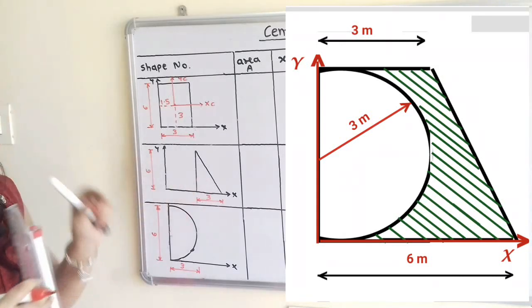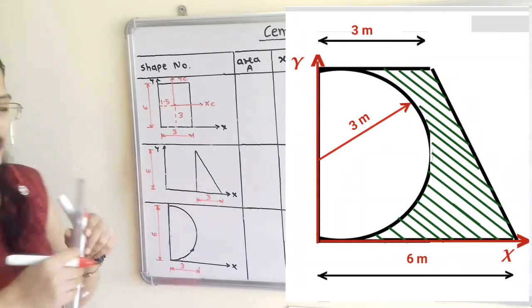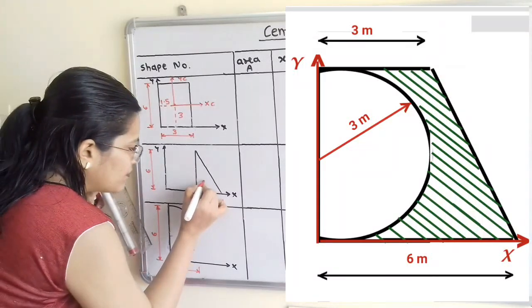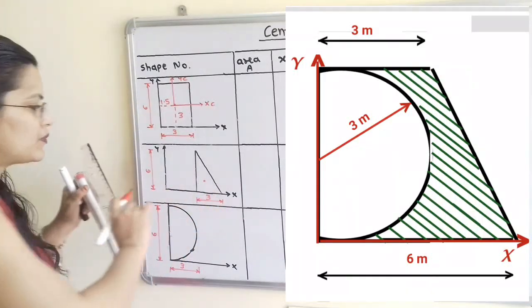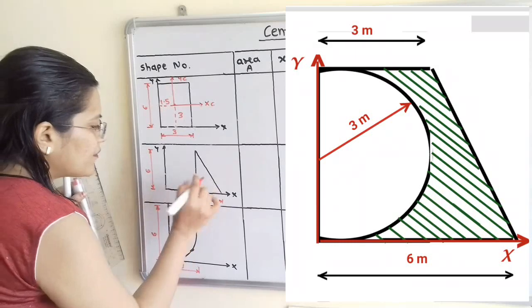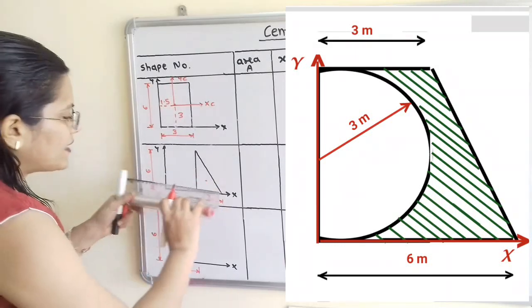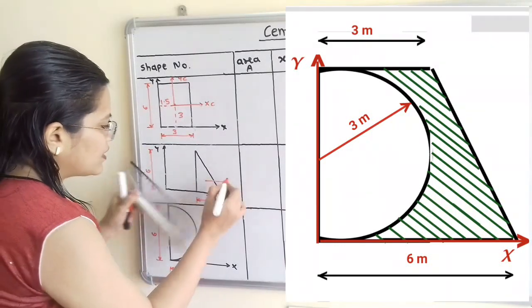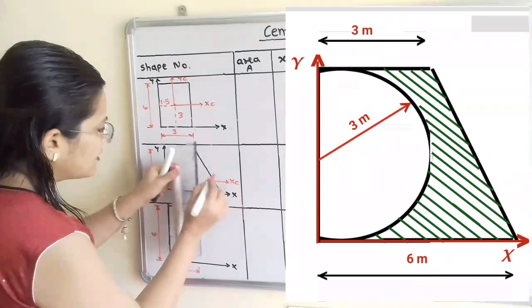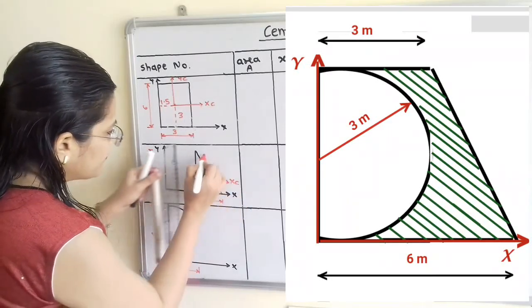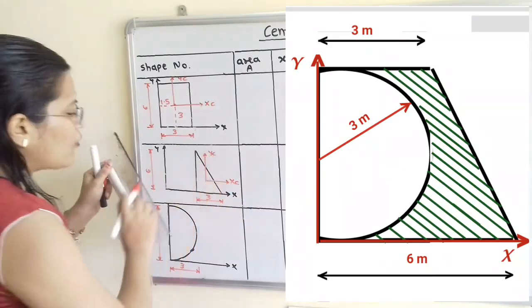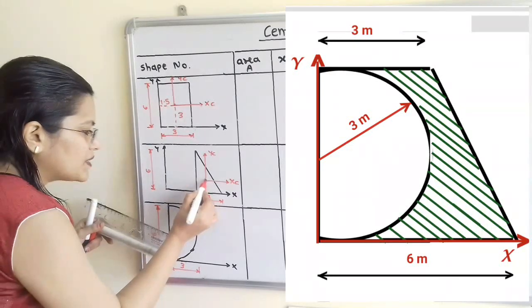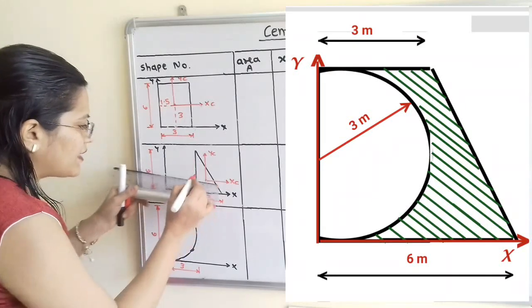Now we will move to the next, that is this triangle. Again we have to select the centroid. The centroid of the triangle we will show with the help of this point, and then we will show the axes passing through the centroid, that is xc and yc. Now how to find the distance of the centroid from this base and height?